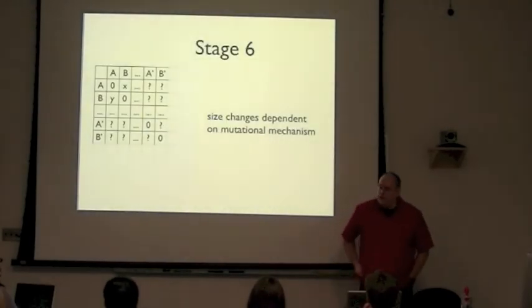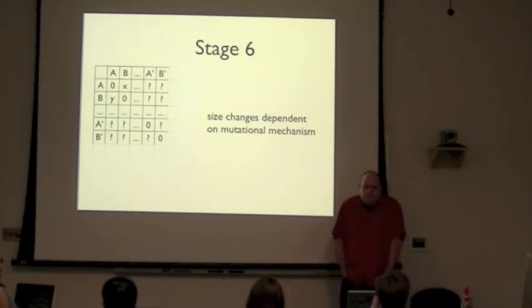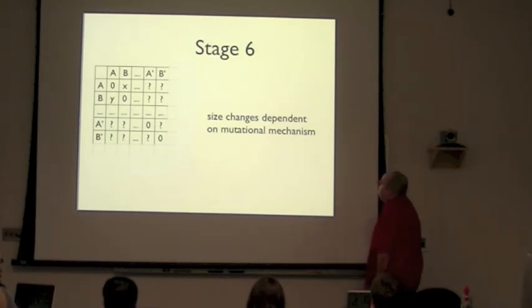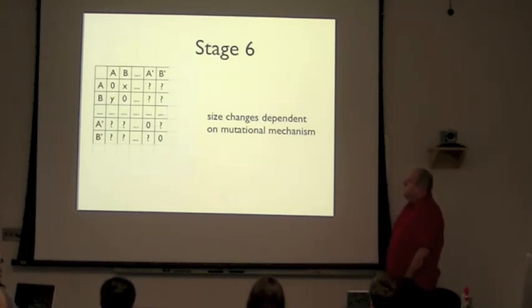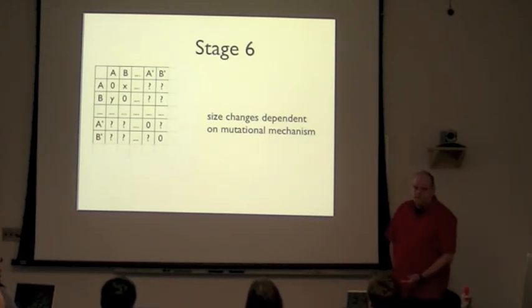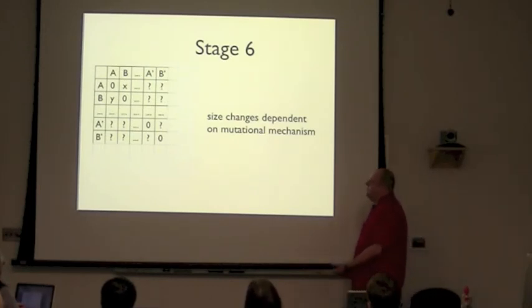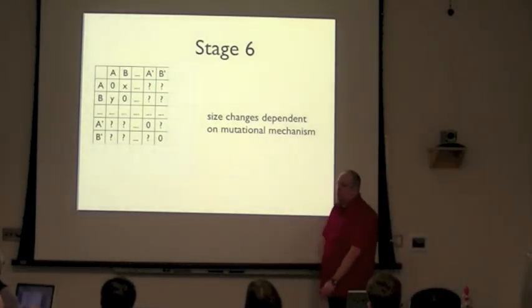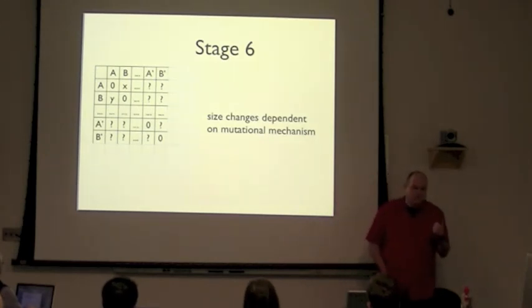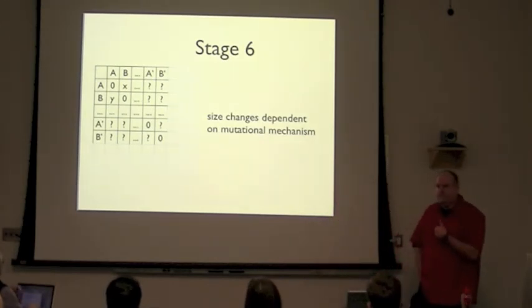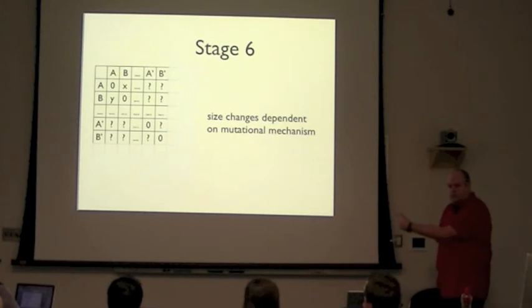Let's skip this one. Okay, so I think it's the second last slide. We now introduce the last step, and that is mutational operators. If you have probabilistic strategies and mutational operators, what you have is a matrix that contains lots and lots of question marks, because you don't know how probabilistic strategies play against each other, at least not a priori, when you just look at the probabilities.